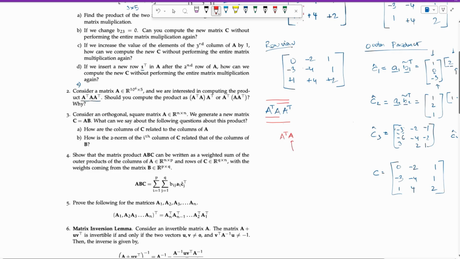Yeah, you can. Why is everybody so confused? You should have told me this immediately. This is 10 power 6 into 5. This is 5 into 10 power 6. It's fine. These are compatible. What will be the size of the resulting matrix? 5 cross 5. Okay. So then you take this and you multiply it with this. Can it be done?